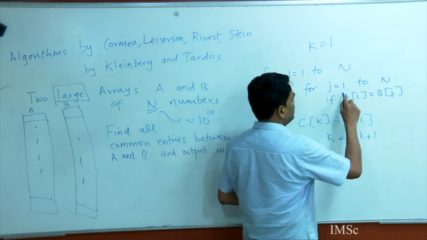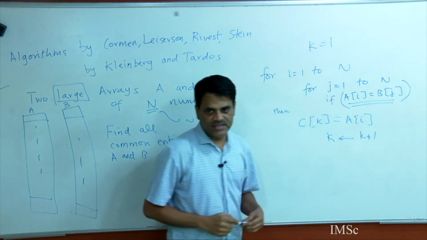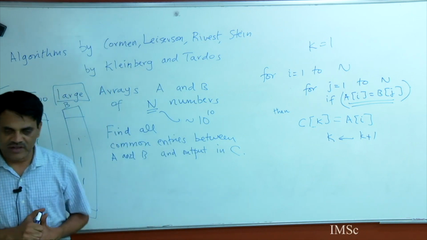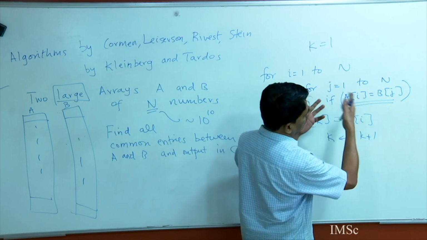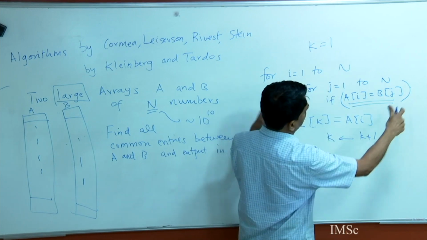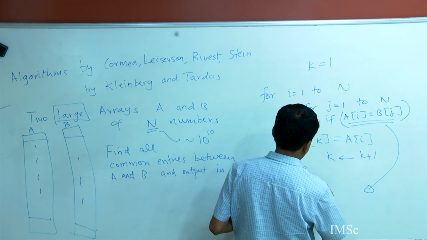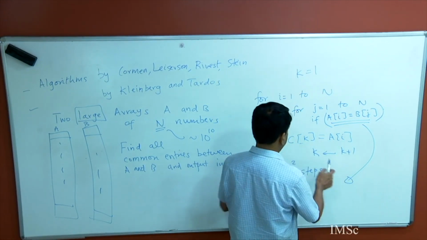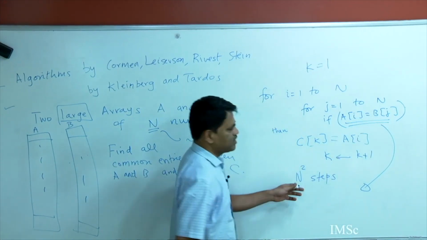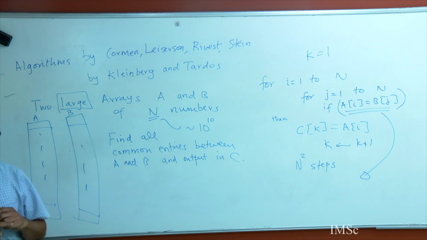Because if you look at how many times this step is executed, that is n square, because for every i I am running it over all possible things. There are more things happening here, but this is the dominating thing. So this is an n square algorithm.